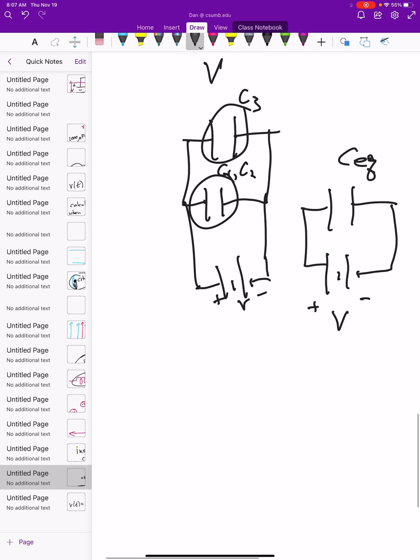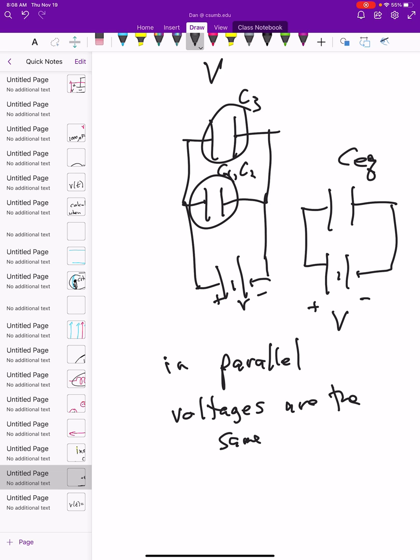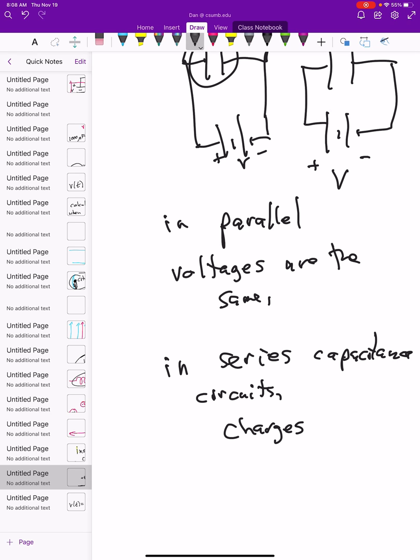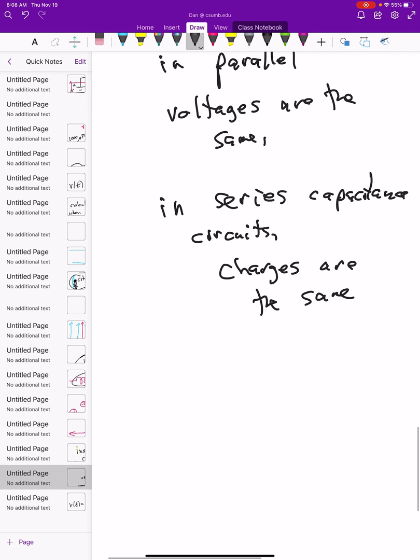All right. Another thing, you remember that, of course, in parallel, voltages are the same across capacitors. In series capacitance circuits, I should say, charges are the things that are the same, even if the values of the capacitances aren't.